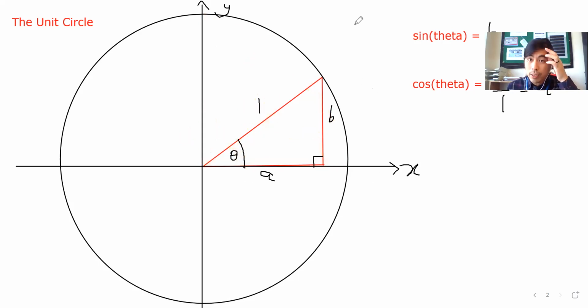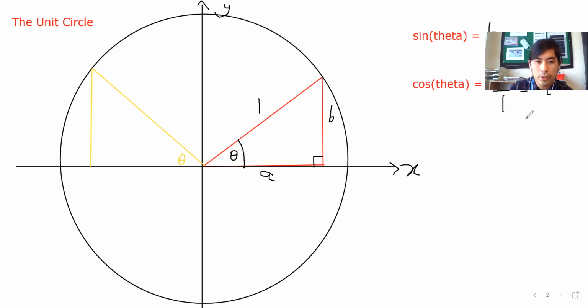But what happens if I reflect the exact same triangle onto this side? Now look at this yellow triangle. I've tried to copy it so that this angle theta is the same.